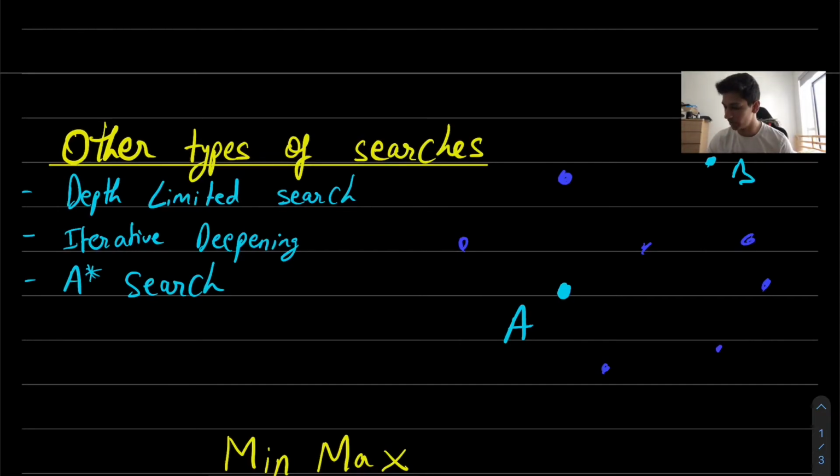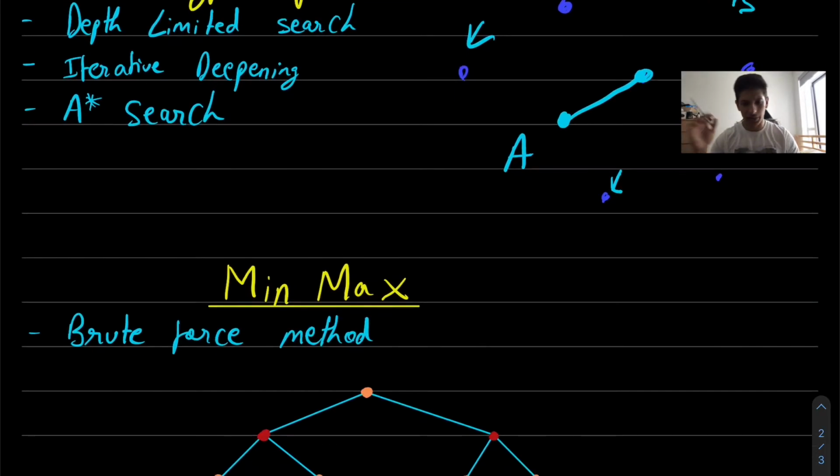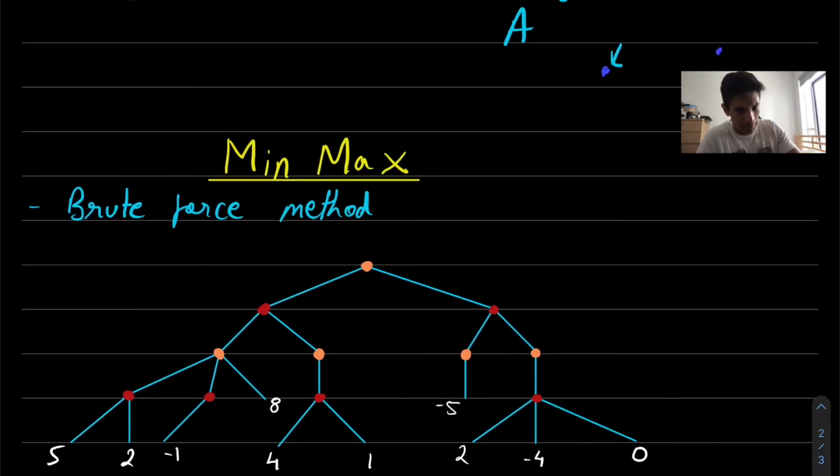So instead of searching this node or this node, the data structure would tell you to search this node. So it can be computationally a lot more efficient than breadth first search or depth first search. So yeah, that's that.